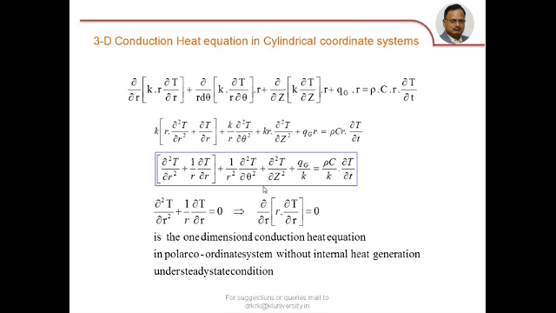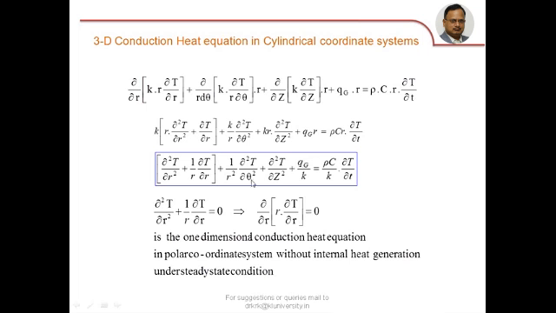If you consider one-dimensional conduction heat equation in the cylindrical coordinate system without internal heat generation under steady state: under steady state, ∂T by ∂t becomes 0. Without internal heat generation, Qz by k becomes 0.